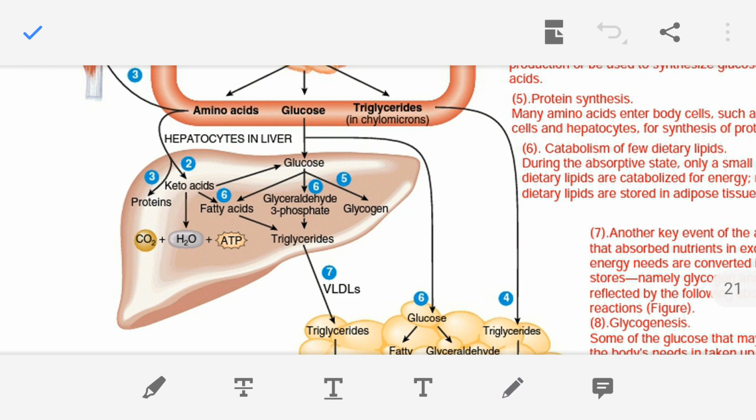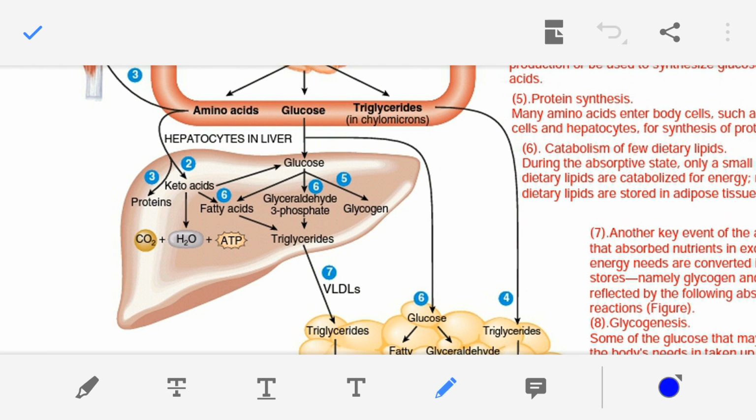This is one thing. Then from the amino acid, keto acids are produced, by the process of deamination that we have discussed previously. Now from the keto acid, the fatty acids are formed. Now this fatty acid can combine with glycerol 3 phosphate and the triglyceride is formed.